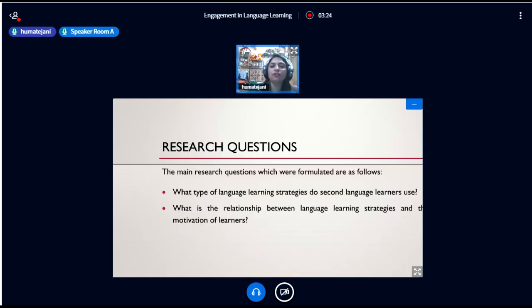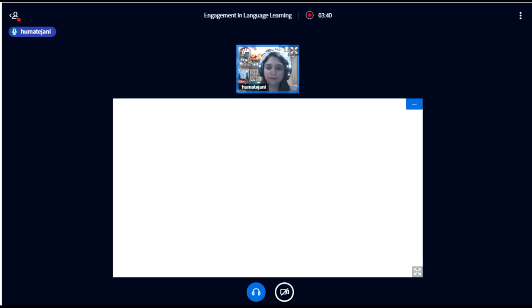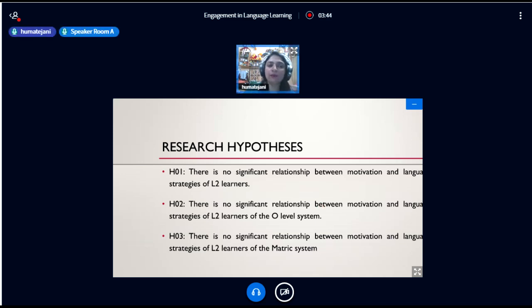The main research questions which were formulated were: what type of language learning strategies do second language learners use while they are learning English, and what is the relationship between the language learning strategies and motivation of learners. As the study was quantitative in nature, the project was big, but for this conference presentation, I kept only three hypotheses, which were these.